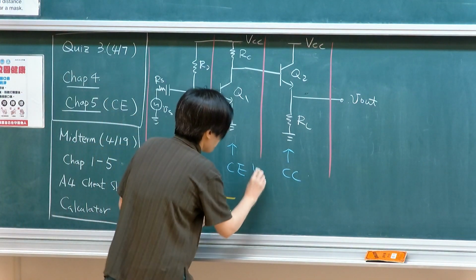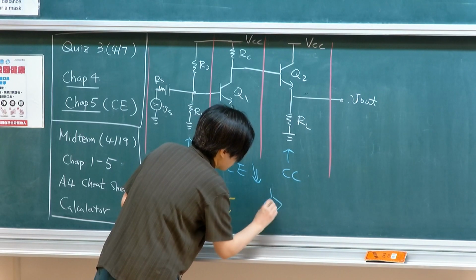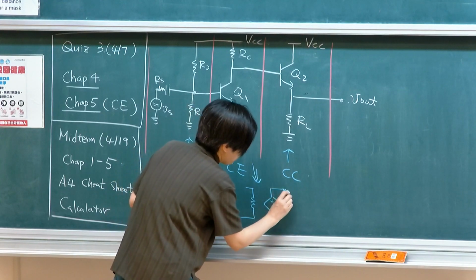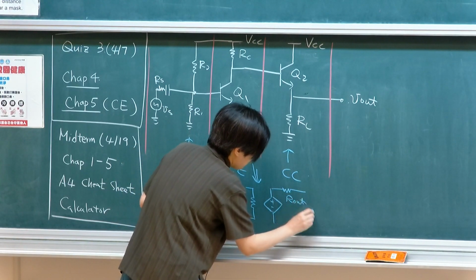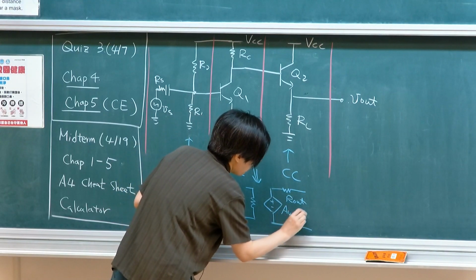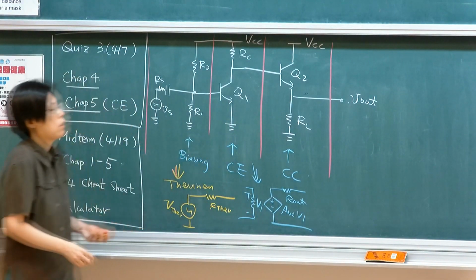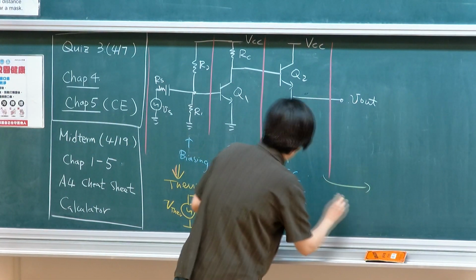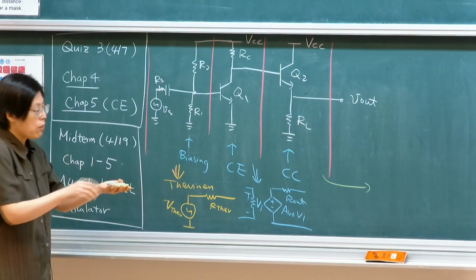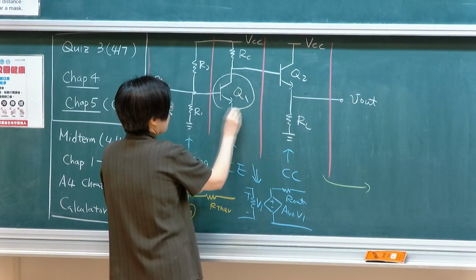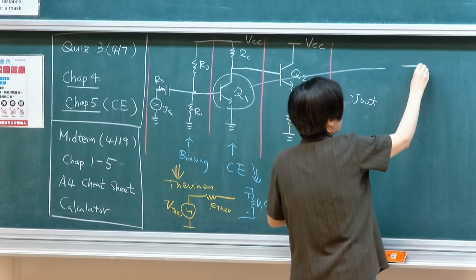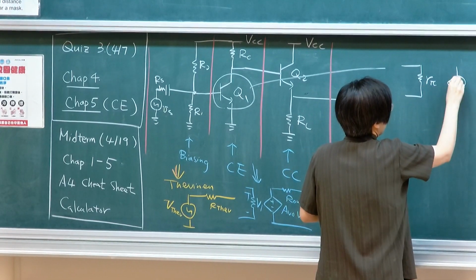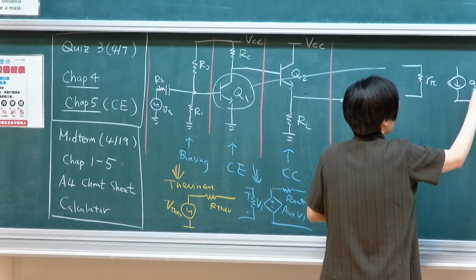And then in the middle, we want to generate a 2-port model: R out, AVO, V1. And then in the last stage, you want to generate another 2-port model. So how does one generate a 2-port model? You insert these transistors with the small signal model: R pi, GM V pi.